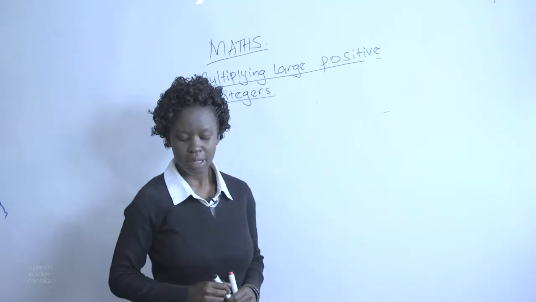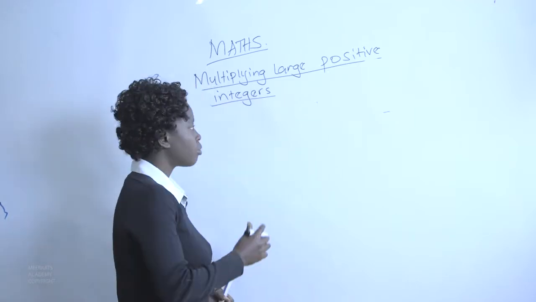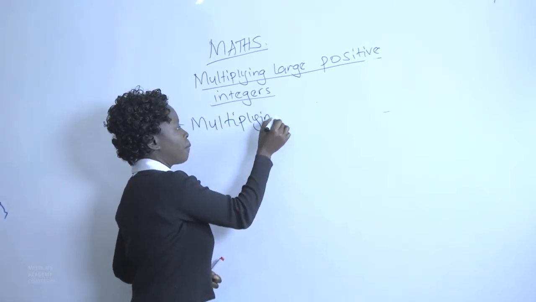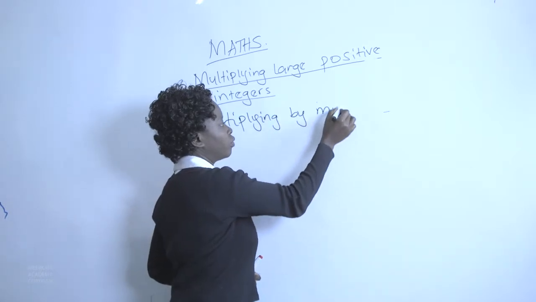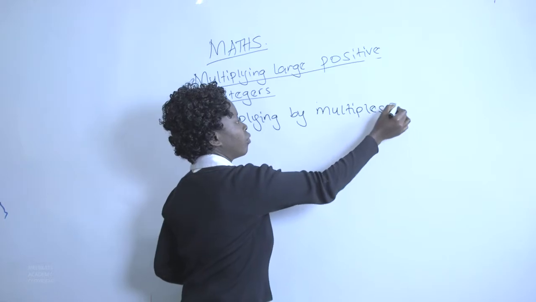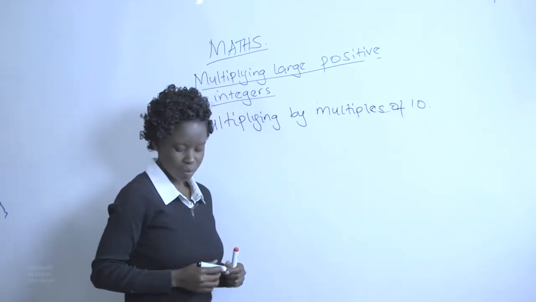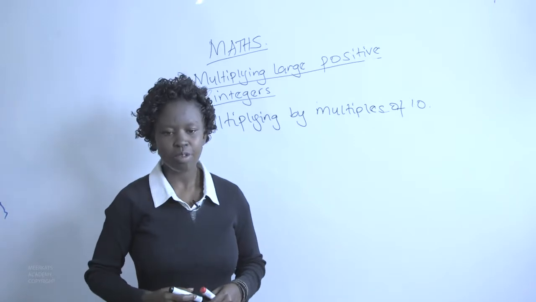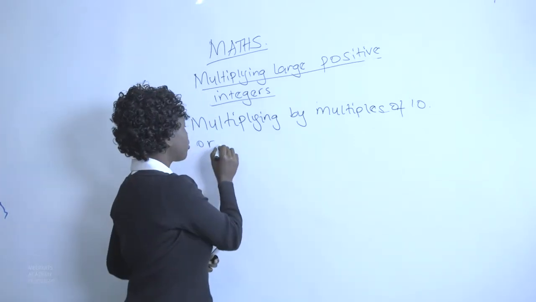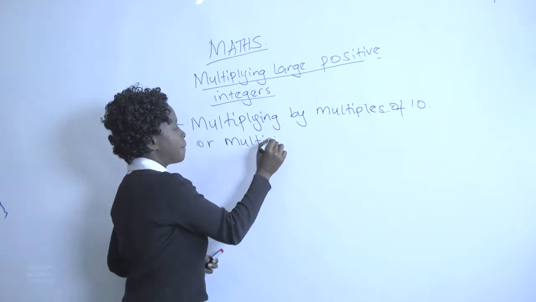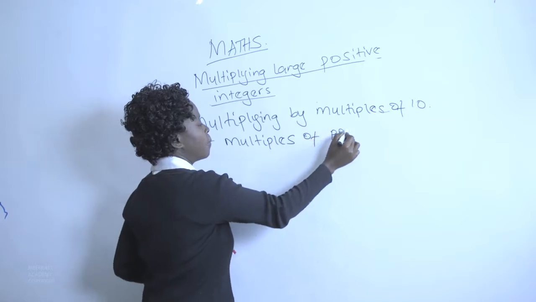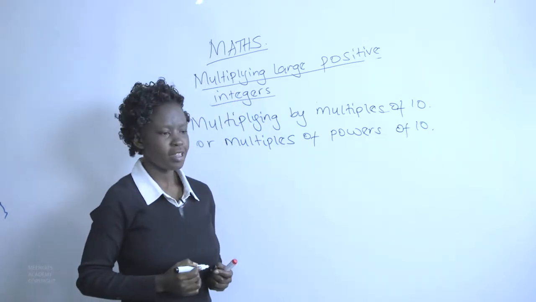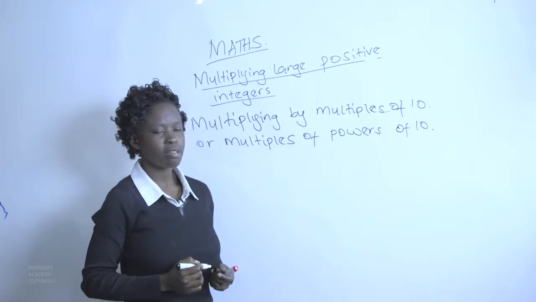The next step is multiplying by multiples of 10 or the multiples of the powers of 10.